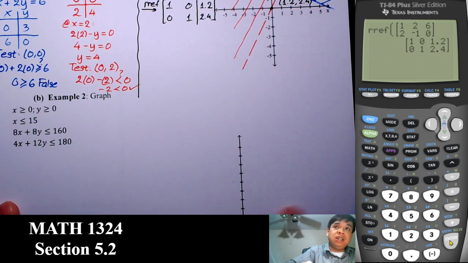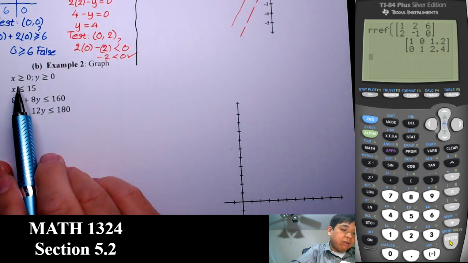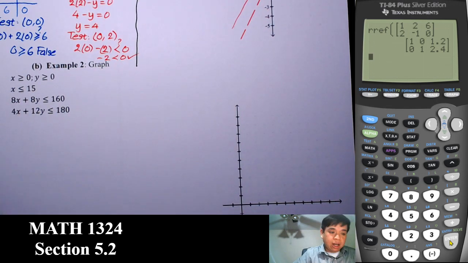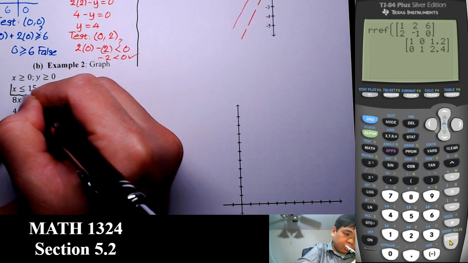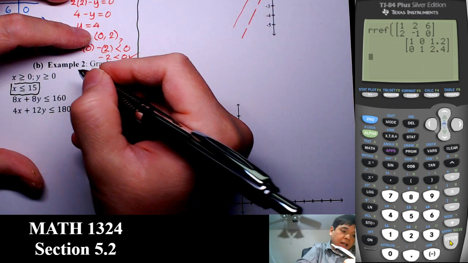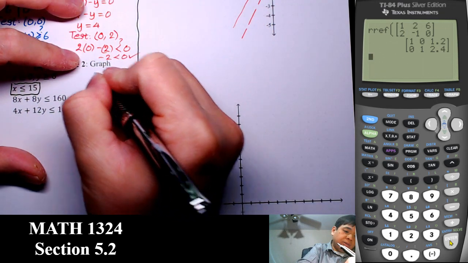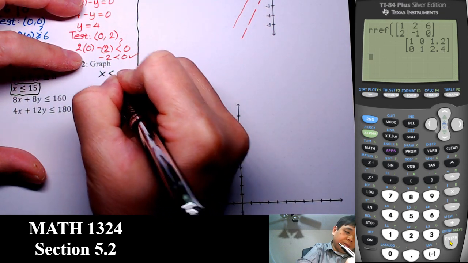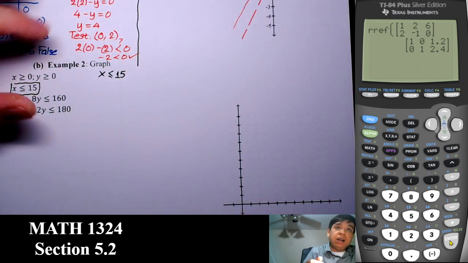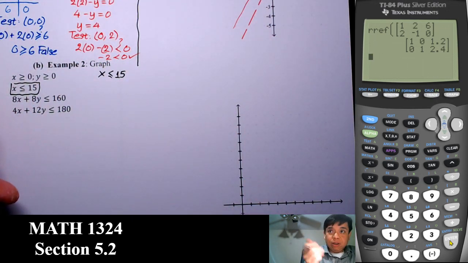Just going to graph in here. Next we have x less than or equal to 15. And that's just a vertical line, but we have to see where the 15 is. So I'm going to graph that in a bit later.